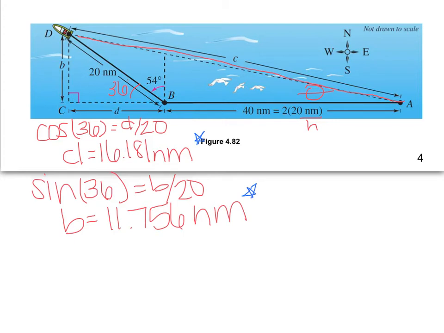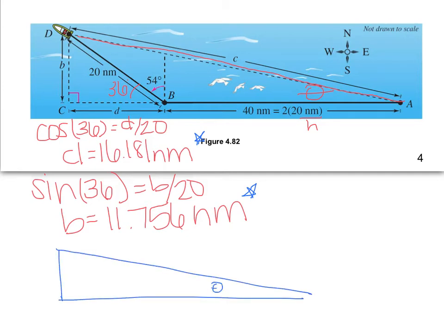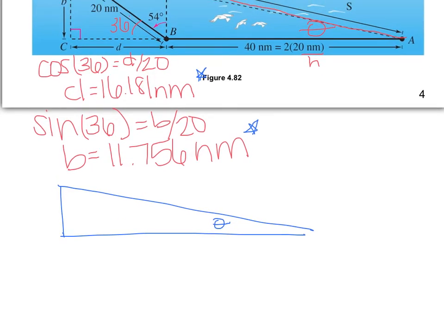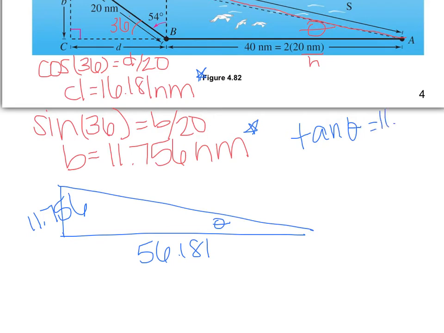So now if I look at the big picture, I've got my theta here. I know the length of this long side is 16.181 plus the 40, so 56.181. I know b, 11.756. So now I can use tangent equals the 11.756 divided by the 56.181.